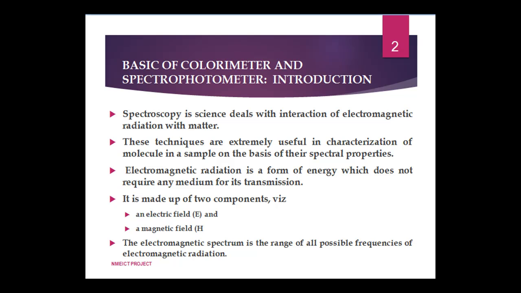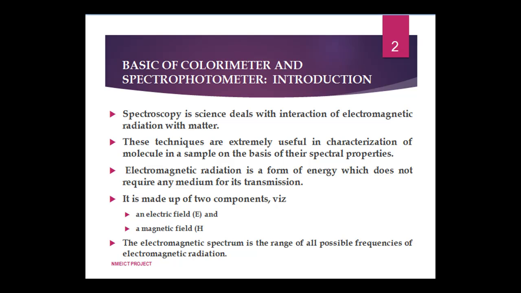Color is something which is visible and can be seen with the naked eye. Essentially, the interaction of electromagnetic radiation with matter is a quantum phenomenon and is based on absorption of light.